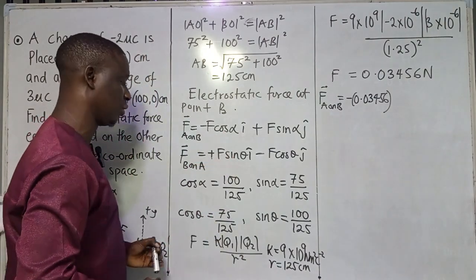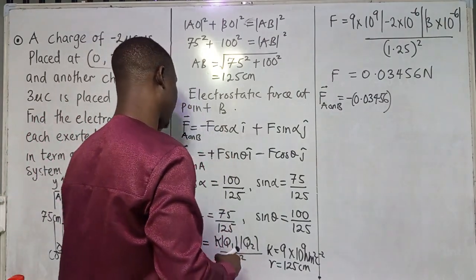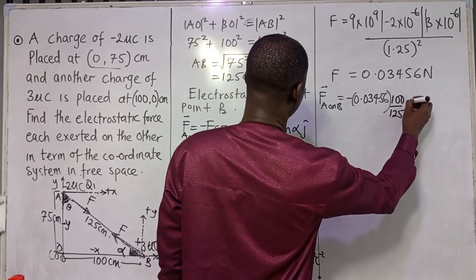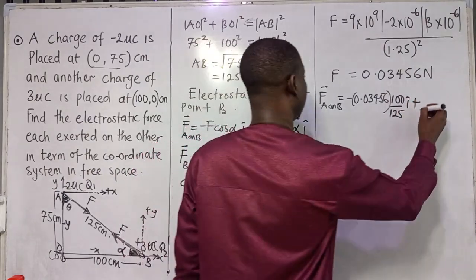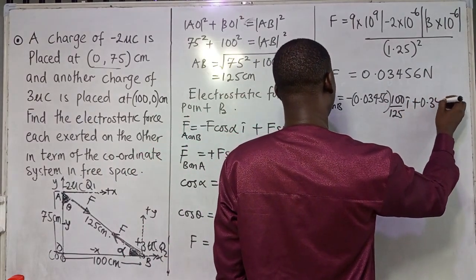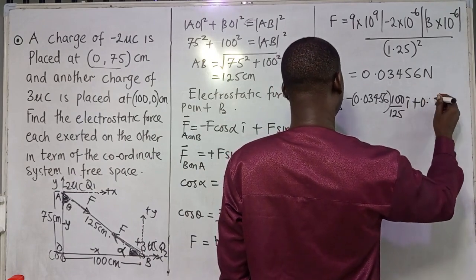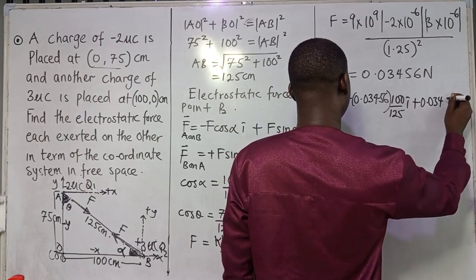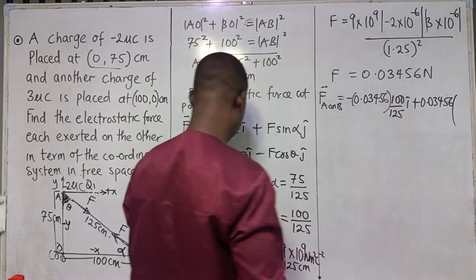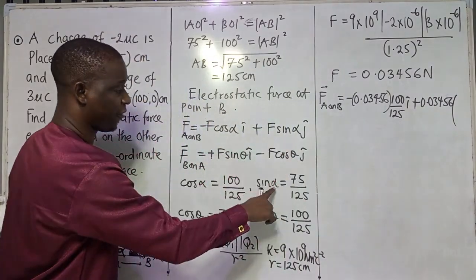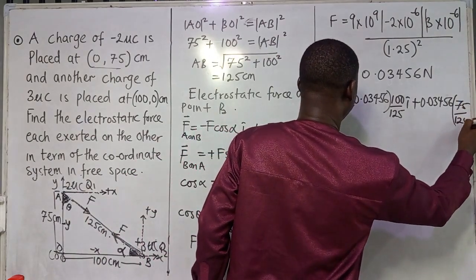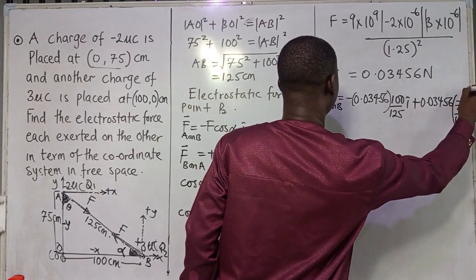Cos alpha is 100 over 125 i plus 0.03456, then again sine alpha is 75 over 125 j.